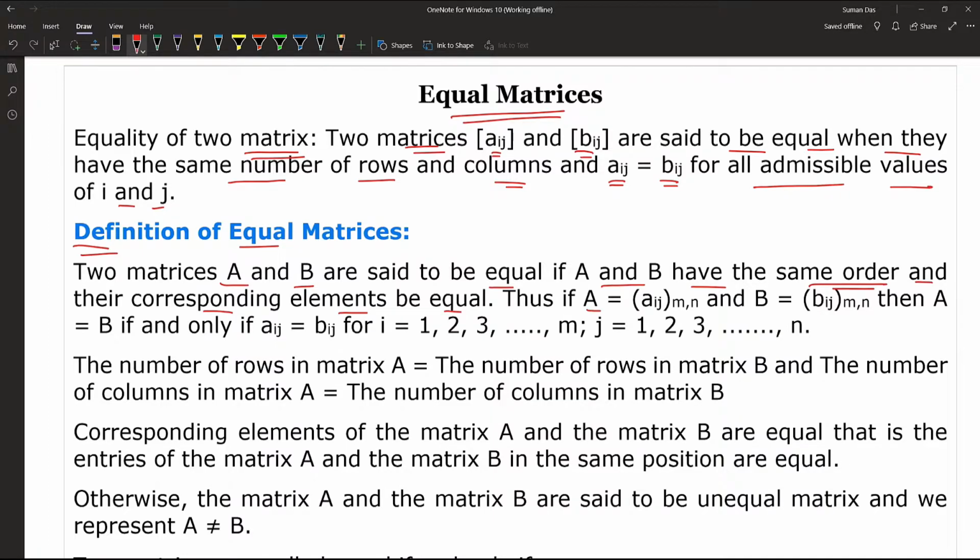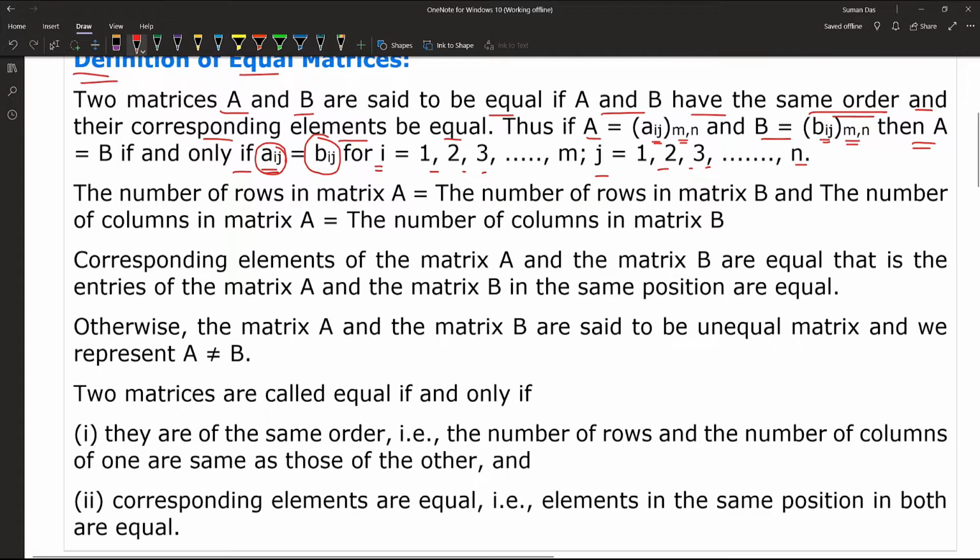Thus, if A is equal to Aij of order m cross n, and B is equal to Bij of the same order m cross n, then A is equal to B if and only if Aij equals Bij for i equal to 1, 2, 3 up to m, and j for 1, 2, 3 up to n.